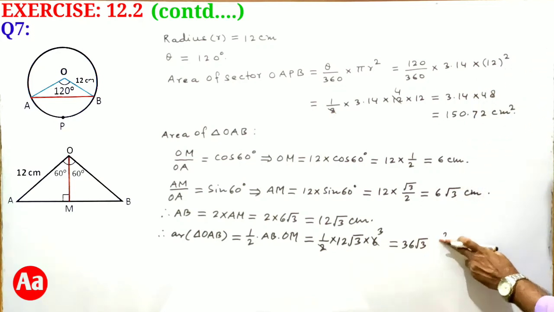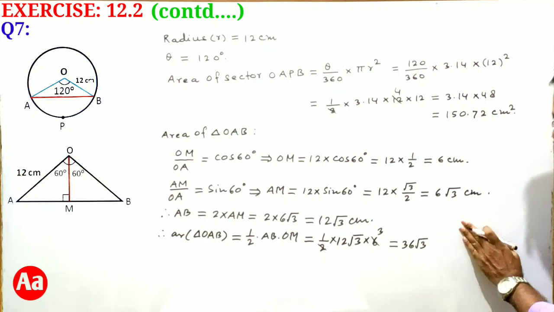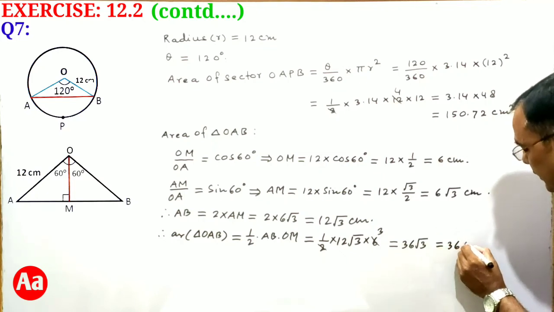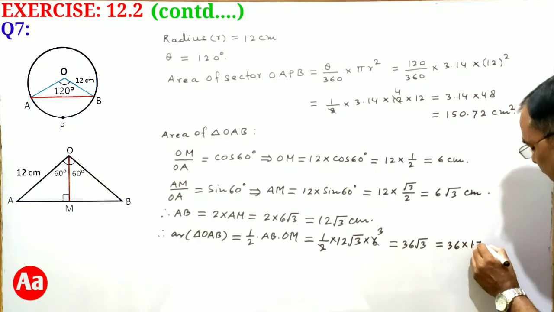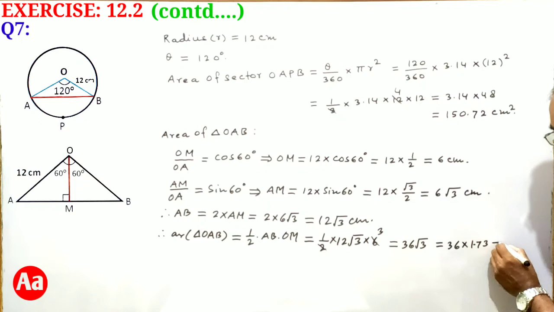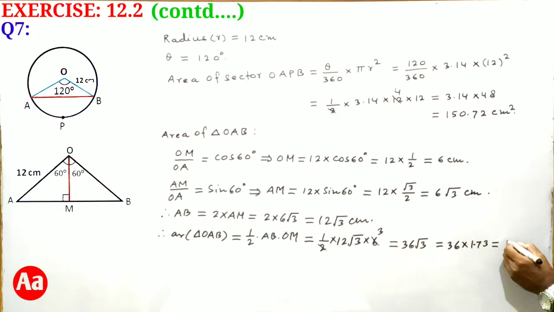Now this value of root 3 we can put here, and it will be 36 into 1.73, which is equal to 62.28 centimeter square.